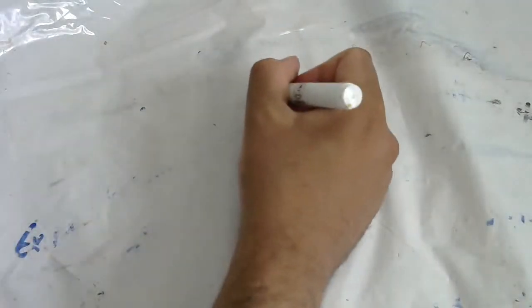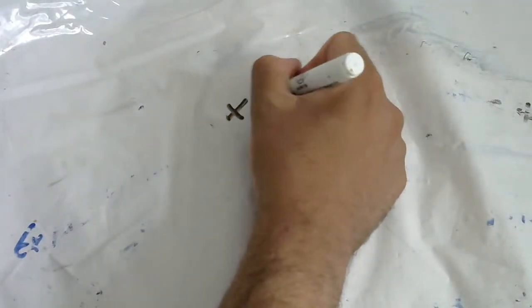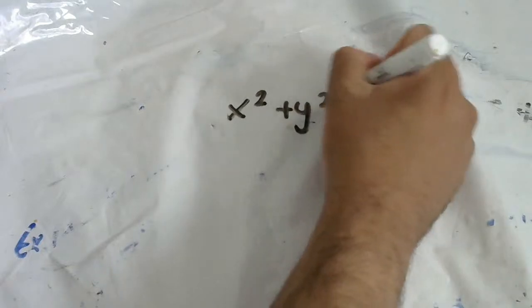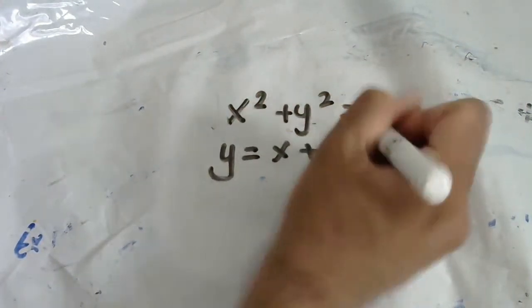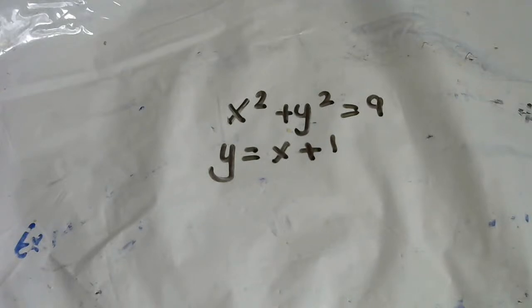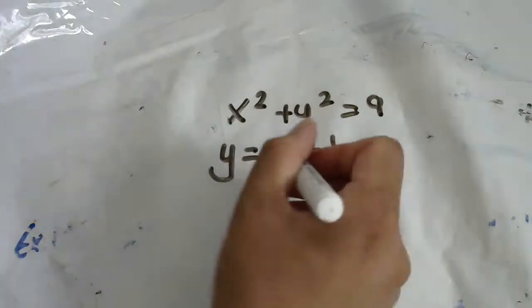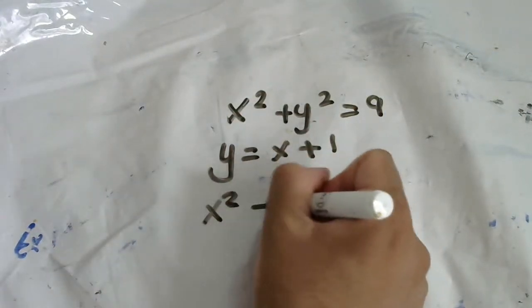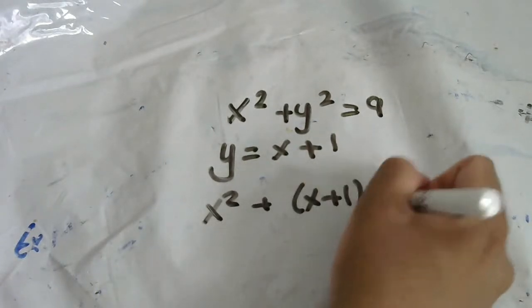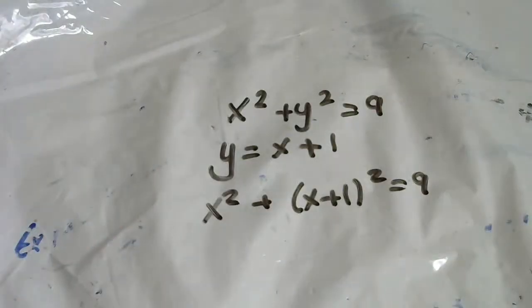We know, hopefully, that if you've got an equation like this, x squared plus y squared equals 9, and y equals x plus 1, we can combine those 2 equations to get a quadratic that we can solve, right? And the quadratic would be this. You'd say, well, y equals x plus 1, if they're simultaneous equations. So x squared plus (x plus 1) all squared equals 9, which is quadratic.